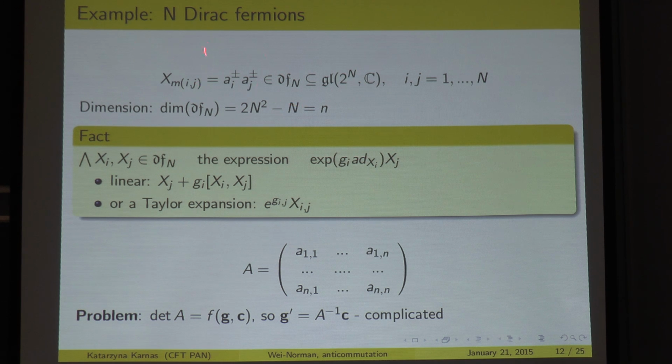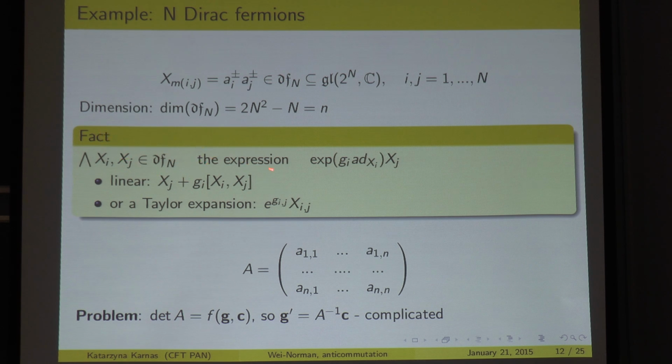Then let us try to generalize this problem to n particles. The method is exactly the same. That means the operators generate a Lie algebra. However, the dimension grows rapidly, like n squared.